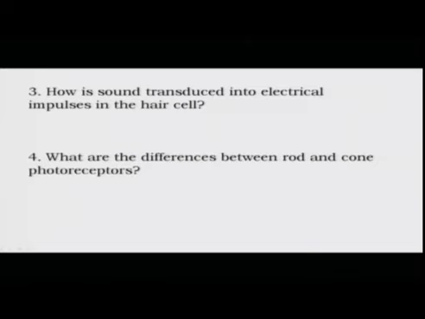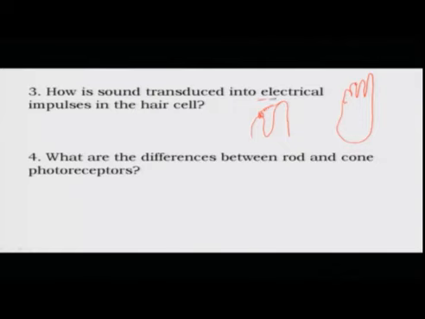The third question is, how is sound transduced into electrical impulses in the hair cell? If you look at the hair cell structure, it has the stereocilia, and the stereocilia have certain ion channels on their tips. If you look at a highly magnified view of the end of the stereocilia, you can see certain ion channels present here which are normally closed, and there is a spring-like structure attached to the membrane of the next stereocilium.